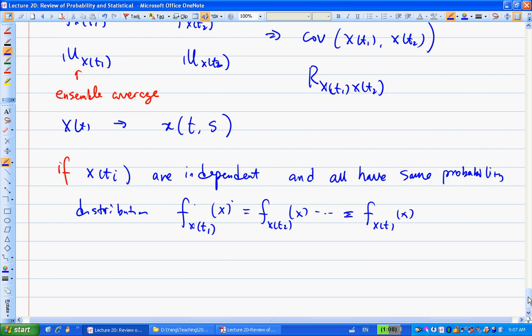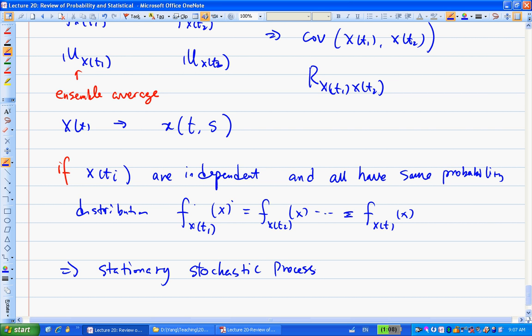Now, if this is the case, then this stochastic process is called a stationary stochastic process.